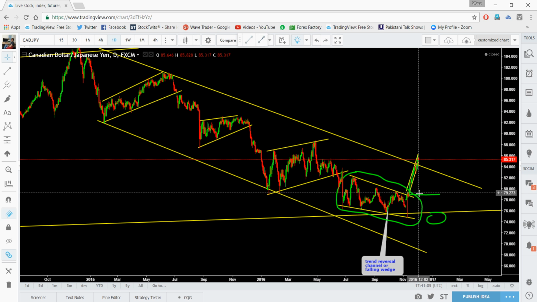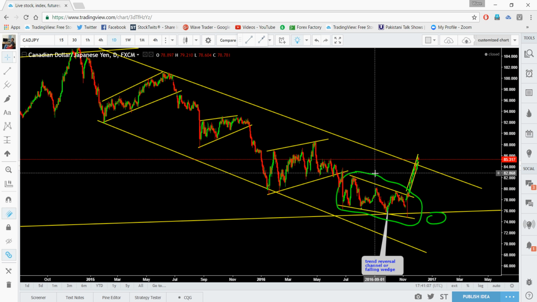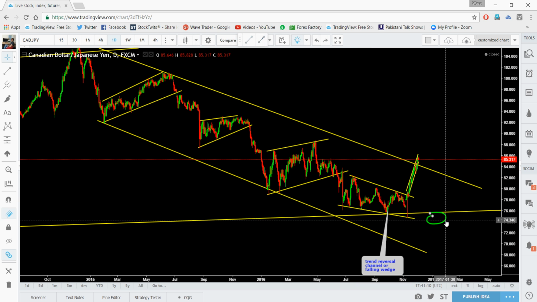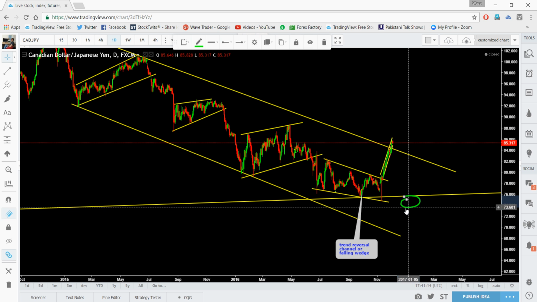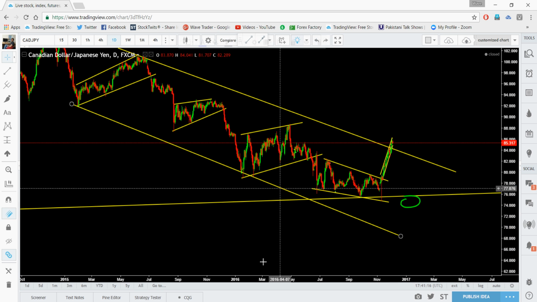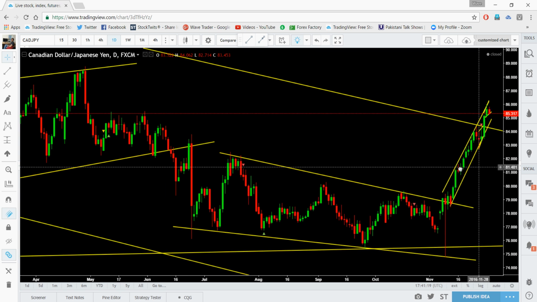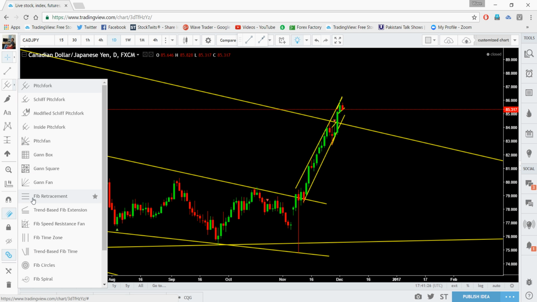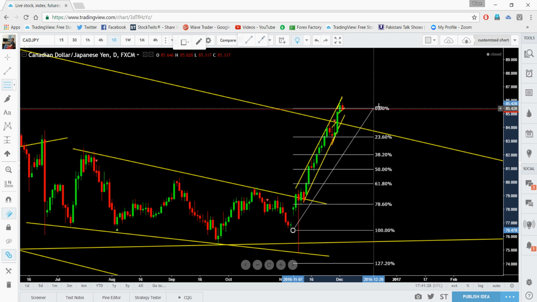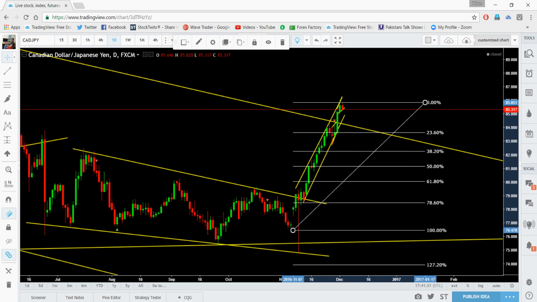If you use your fib lines for retracement, then this impulse should correct up to 50, 61 or something like that. Yeah, this correction should come up to 50 or 61.